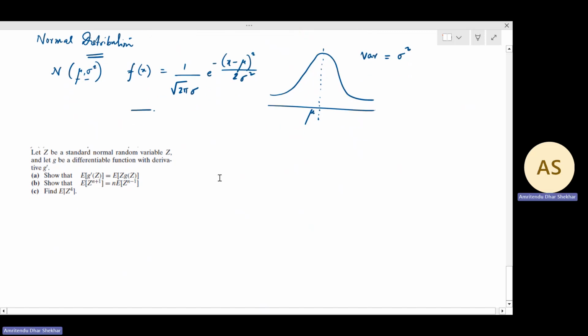Given the standard normal random variable z, so that means z is N of 0 comma 1, the mean is 0 and the variance is 1, and we're given a differentiable function g. We have to find the following parts.